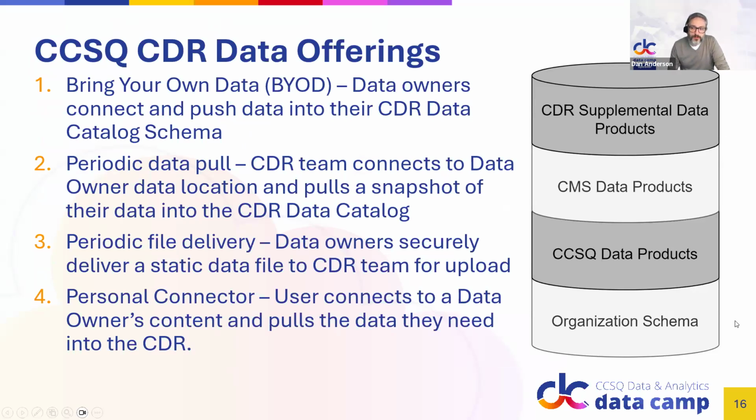At the bottom, we'll talk about each organization. You'll have your schema within the data catalog, where you can store your structured data, right? You've got CCSQ data products, CMS data products external to CCSQ, and then, of course, we also have some additional CDR supplemental data products.